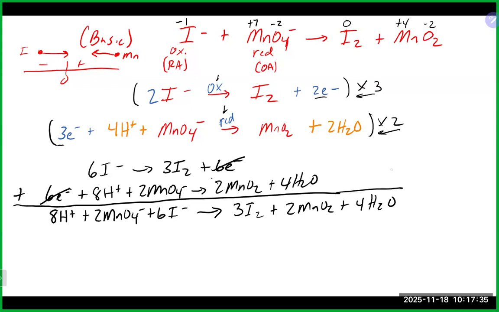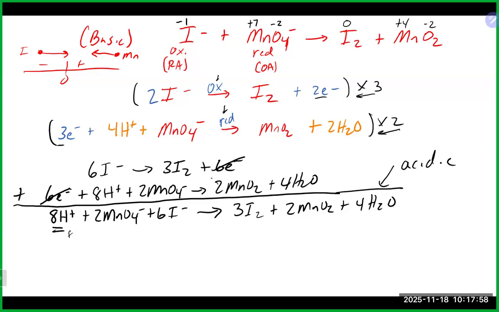Now, if I were to balance it in acidic conditions, I would be done. As you can see, we have the H plus here, and we should be balanced both ways that we talked about. We have 8 hydrogens on each side, 2 Mns on each side, 8 oxygens on each side, and we also have 6 iodines on each side.